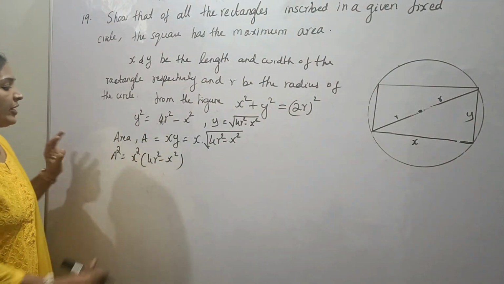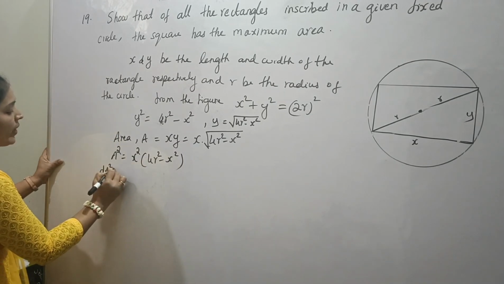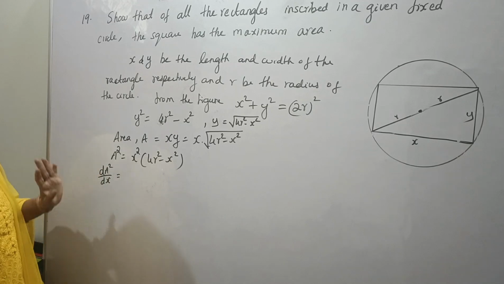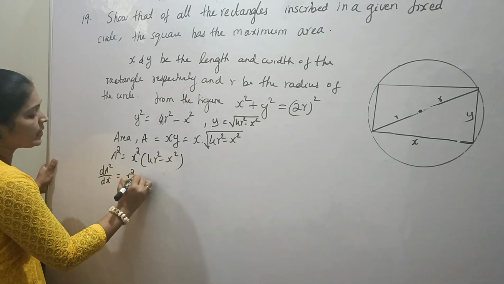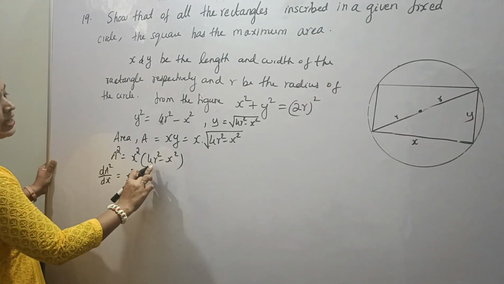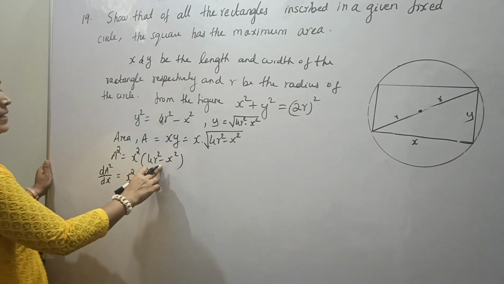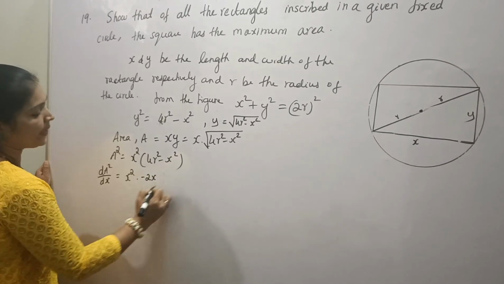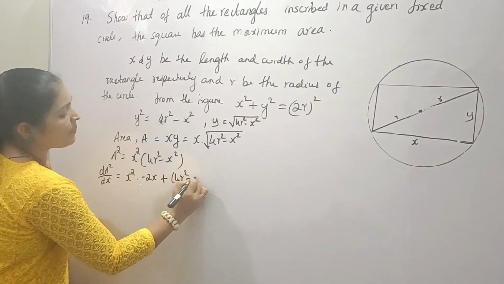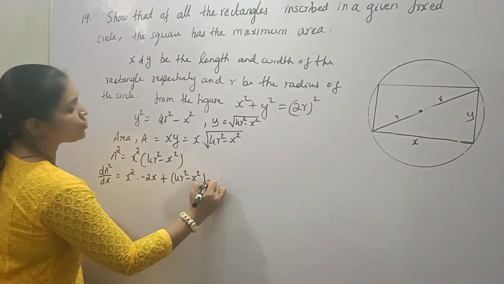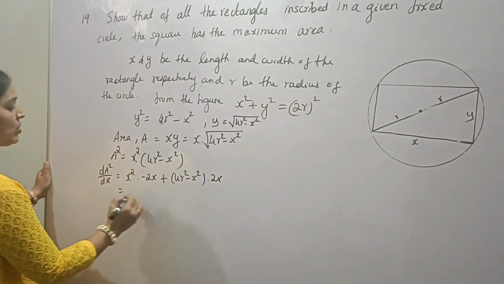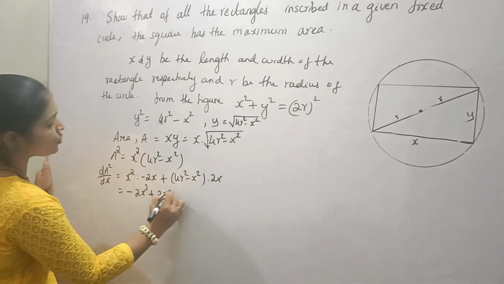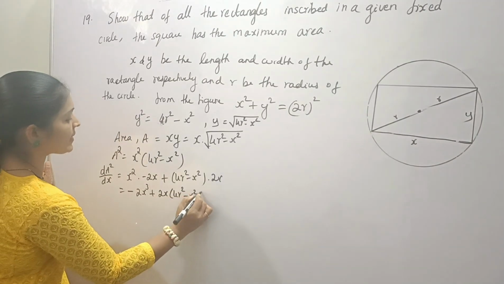Okay, then after that, let's find dA square by dx, that is the first derivative. That is x square into the derivative of 4r square minus x square, 4r square is constant, so minus 2x, plus 4r square minus x square into the derivative of x square, 2x. That is equal to minus 2x cube plus 2x into 4r square minus x square.